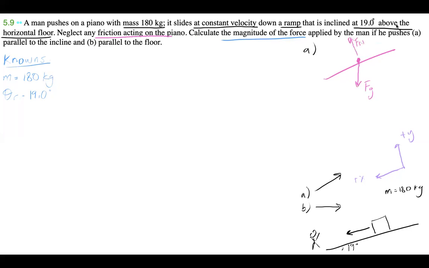And then there is going to be a force applied by the man that is parallel to the incline. So that's going to be in this direction, right? Because if the man is right over here, then he's pushing in this direction, right? So I'm just gonna draw it right over here. And that is going to be our F, or we can call it FA because that's the force applied in situation A. Okay. So what are we looking for?